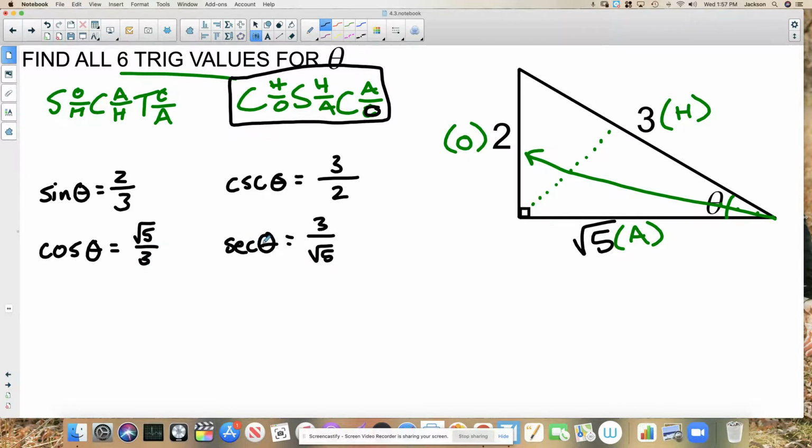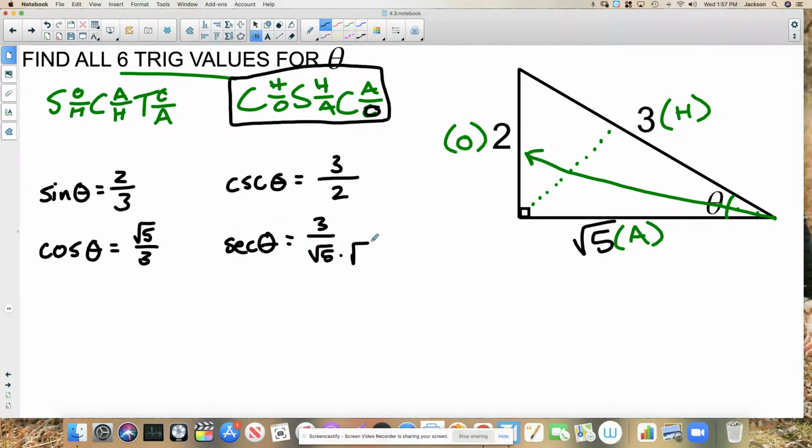And this happens quite a bit when we start talking about these reciprocal ratios, because not very often do we have 3 whole number side lengths, right? Those are the Pythagorean triples, which we'll talk about. But most of the time, even if you have 2 whole number side lengths, the third one's not going to be a whole number. So when you start talking about reciprocal values, you're going to end up with radicals down here.